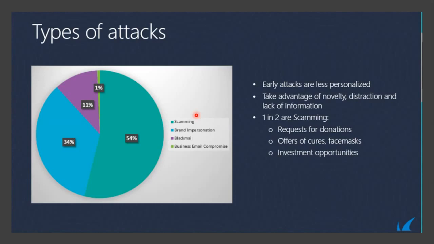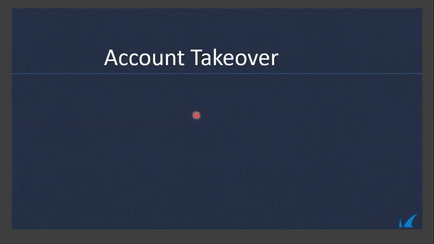So as I told you, I'm going to discuss account takeover, brand impersonation, business email compromise, and conversation hijacking. So let's first talk about account takeover. What does account takeover mean? It occurs when a fraudster gains access to a legitimate user account.